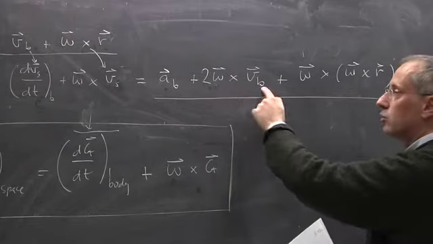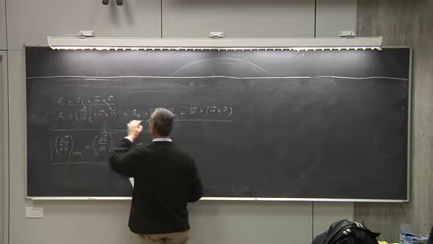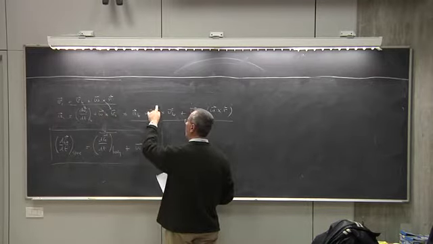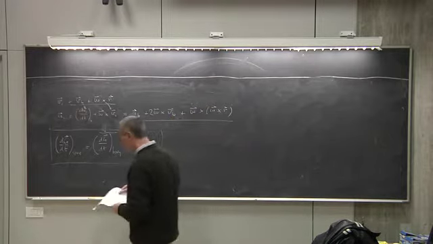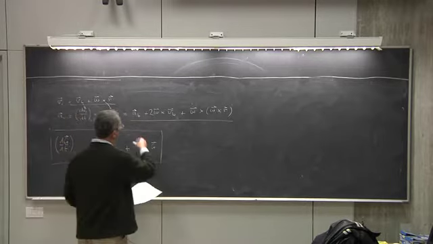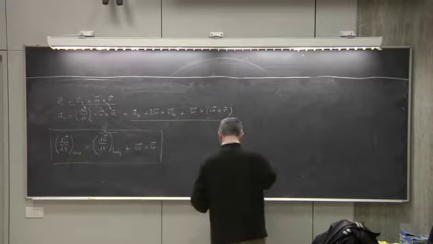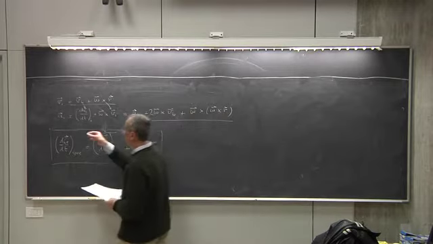Okay, you have two terms. One comes from here, one comes from plugging this in here. So you have twice omega cross VB, then you have omega cross r. So if you multiply by the mass, this formula, then, let's multiply by the mass.